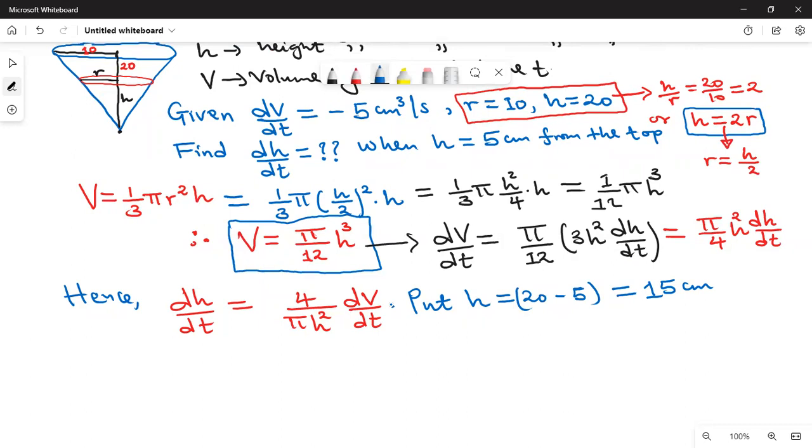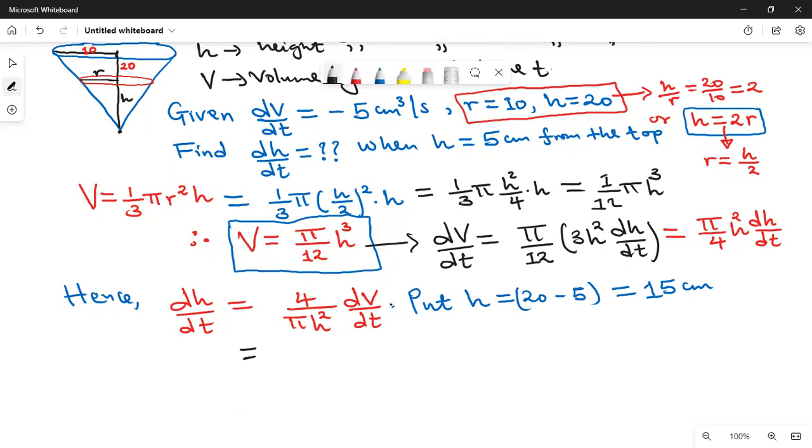So you put h is 15. We are also told dV/dt to be -5. So when we make the substitution, we are going to get this. Remember, the negative is very important where we have dV/dt, because the negative there denotes a decrease.